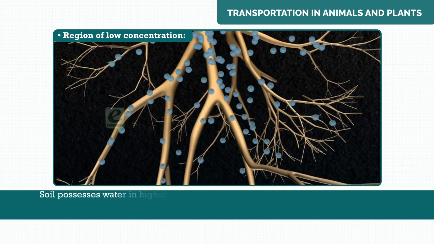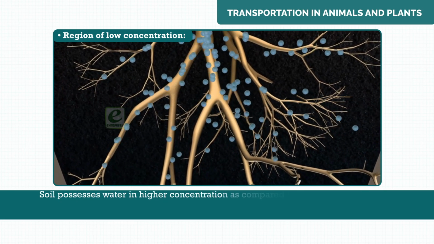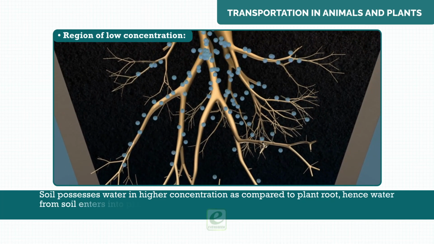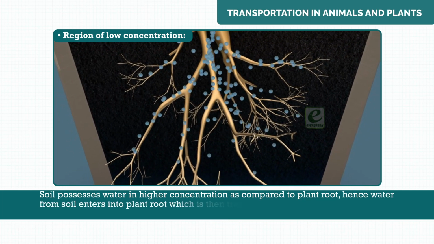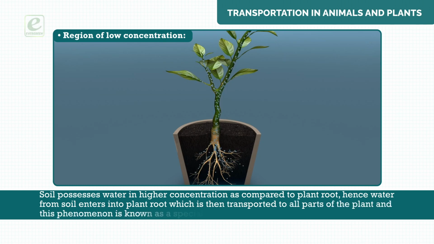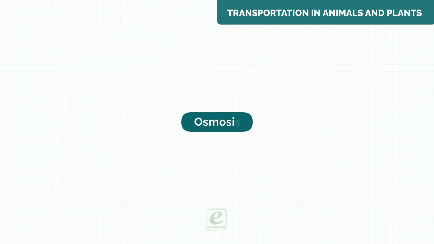Soil possesses water in high concentration as compared to the plant root. Hence, water from soil enters into the plant root, which is then transported to all parts of the plant, and this phenomenon is known as a special type of diffusion called osmosis. Osmosis.